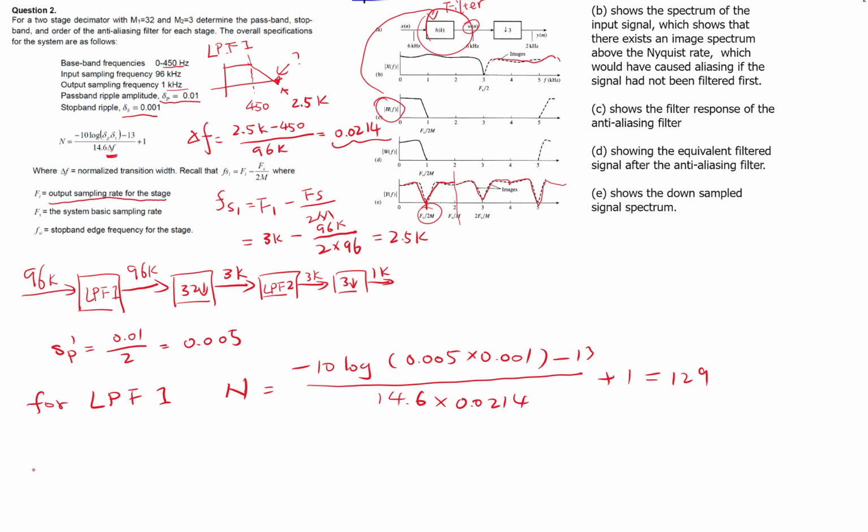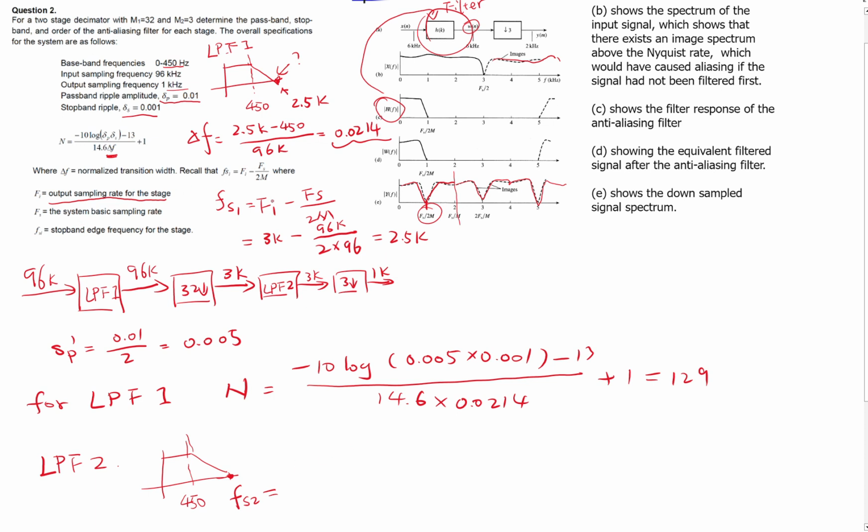For low pass filter number 2, it looks like this, and the passband is still 450, and we just don't know this stopband frequency, Fs2. We're going to use that equation again.